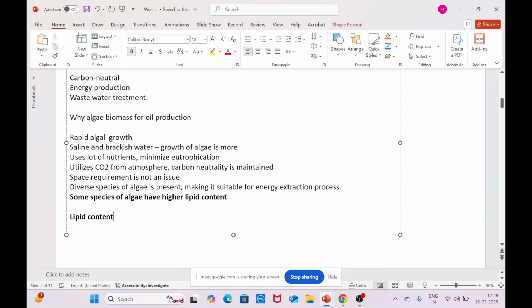This is important, because throughout the cultivation of algal biomass and energy production from algae, we will be focusing on how to improve the lipid content so that the amount of energy generated is enhanced.